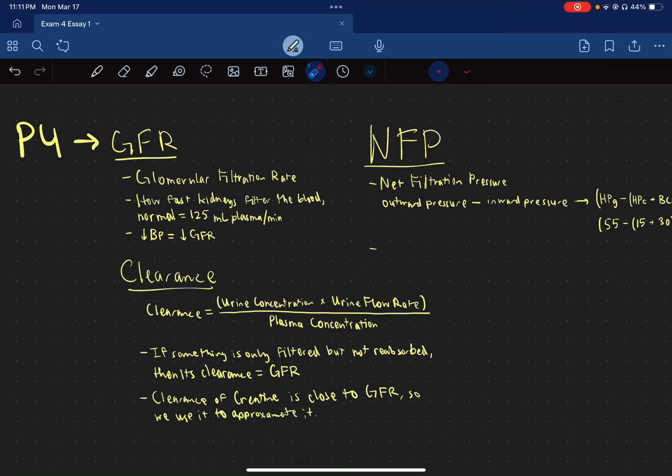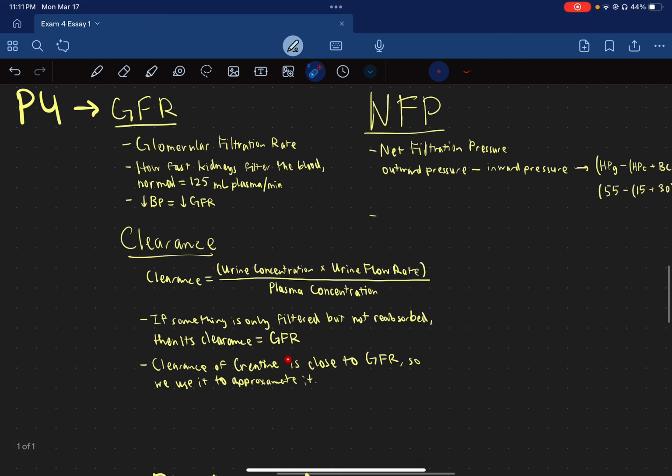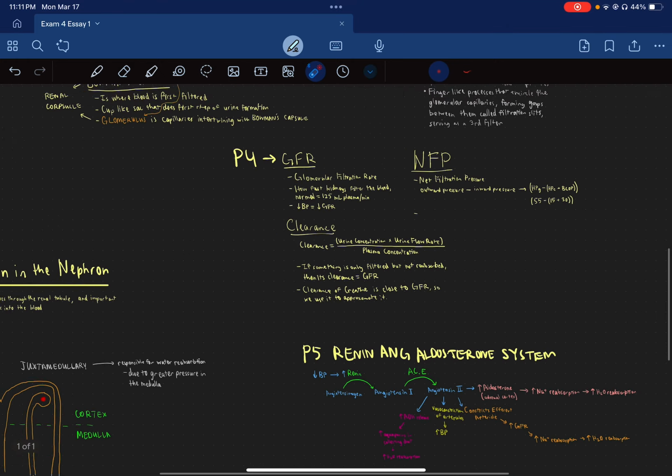So we can use the clearance of something that is not reabsorbed to measure our approximate GFR in the kidneys. So one clearance that we use to measure our GFR is creatinine. Because the creatinine clearance is close to the body's GFR, we're able to use that to measure that.